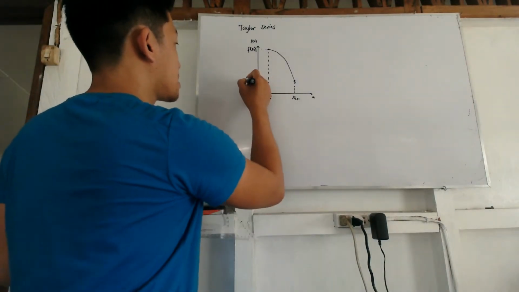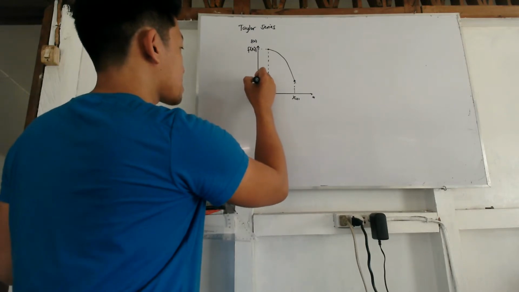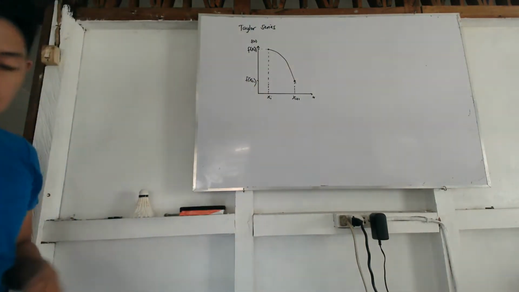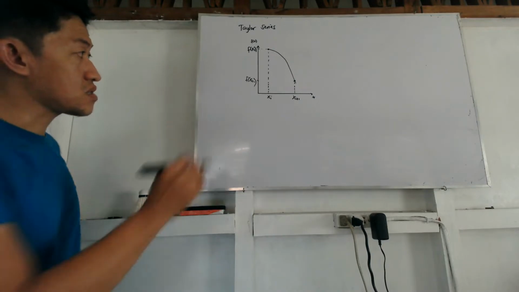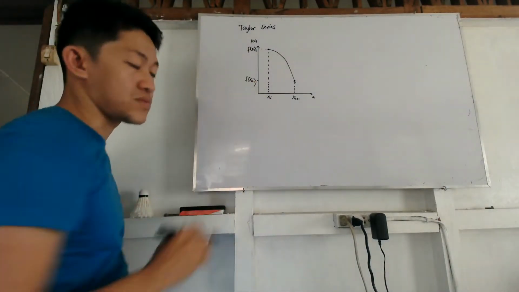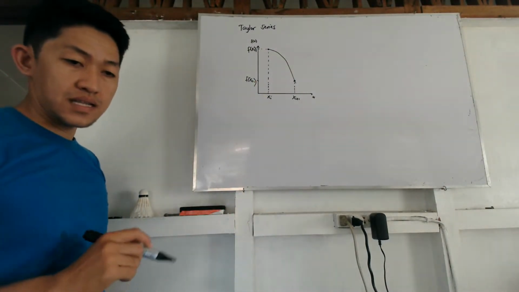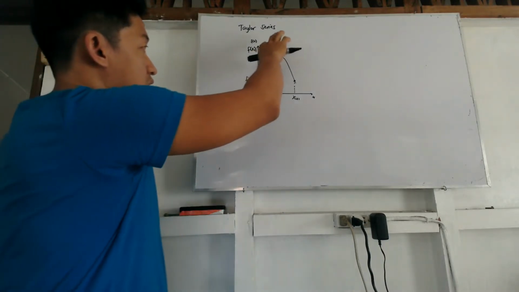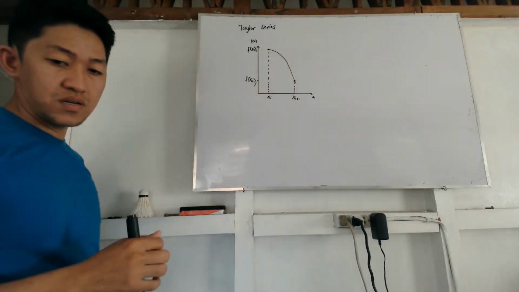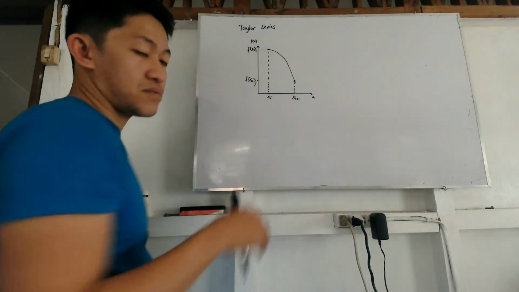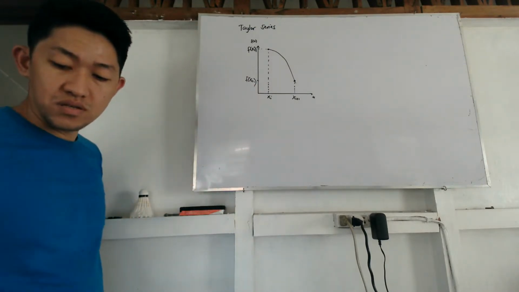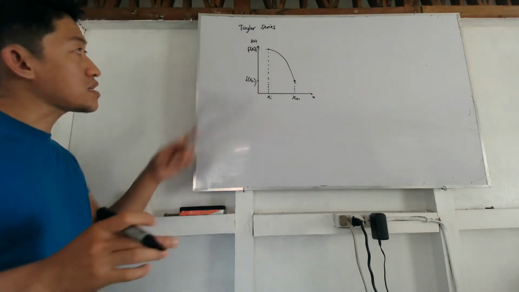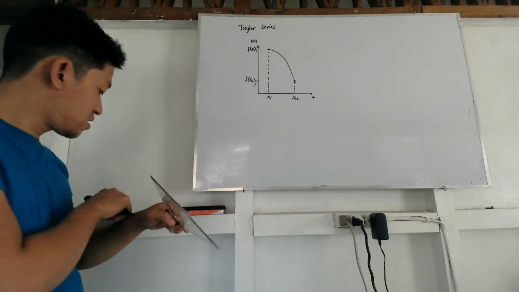This one, f of x sub i plus 1. Okay, so this is your target value. And what if you don't know this graph, or you don't know the function? So you can use the Taylor series.